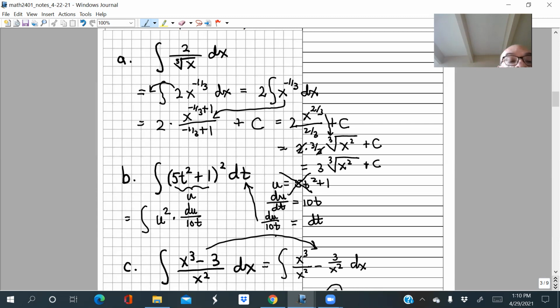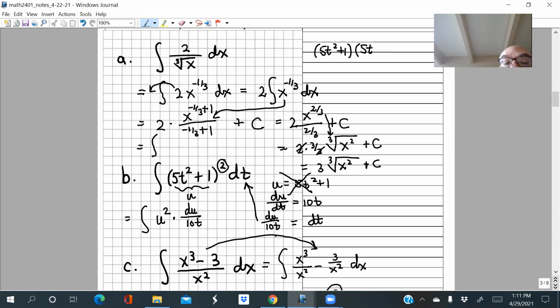That happens, all right? That's life. Now, that doesn't mean that we cannot find this integral. Here's what we can do. We can resort to plan B here, because the 5t squared plus 1 squared is not a very high exponent. Fortunately, that's not a 10th power or a 5th power. That's only a square. And so I can just expand that product. I can take 5t squared plus 1 and just multiply it by itself.